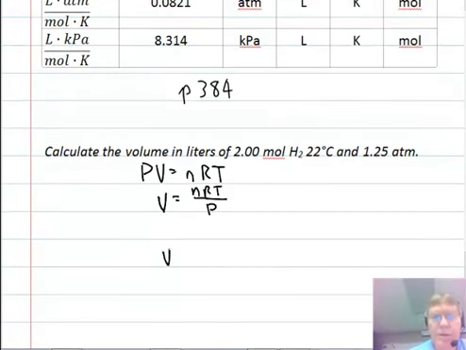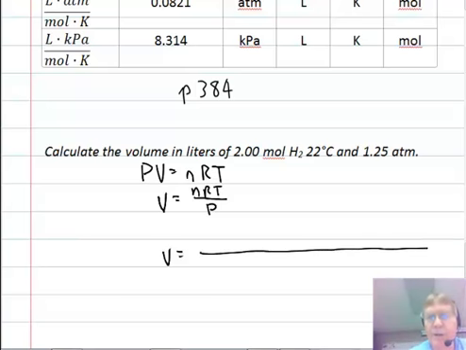So we have V equals, and we'll put our numbers in. N, the number of moles, that's 2.00 moles. R, the value of R, in order to know what is the correct value of R, we have to look up at our units of pressure.